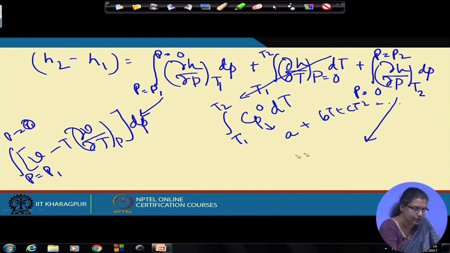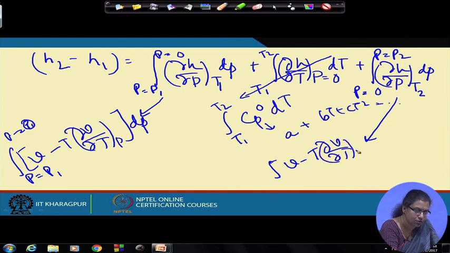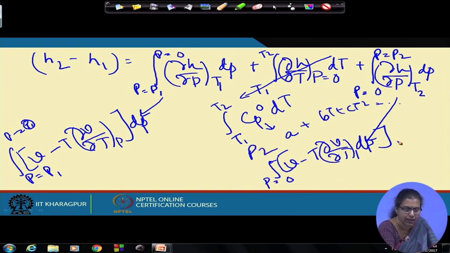And this particular part also comprises the same term, V minus T del V del T at constant P dP, but in this case from P equals to 0 to P equals to P2. Here we are supposed to evaluate it at T2, here at T1, right.